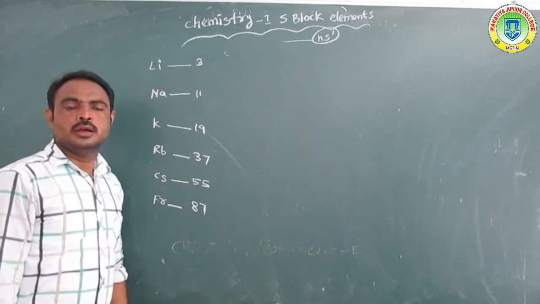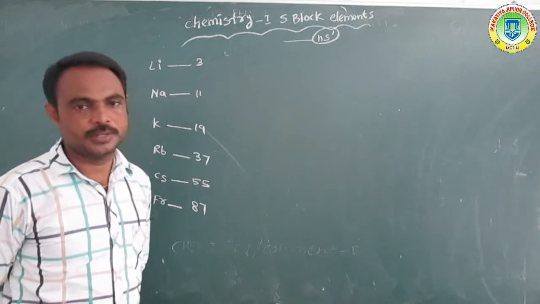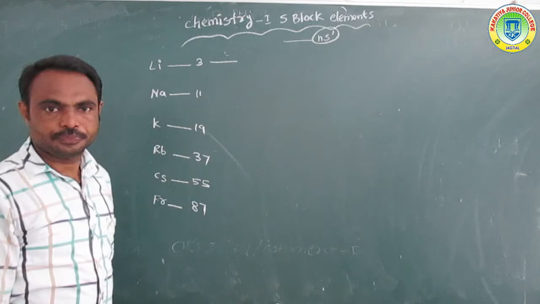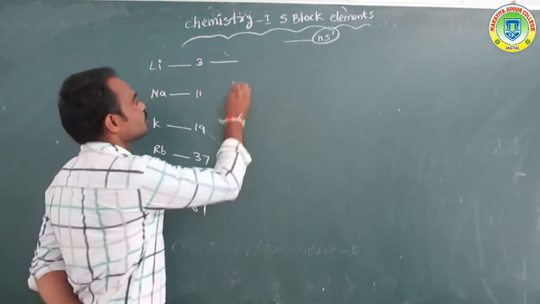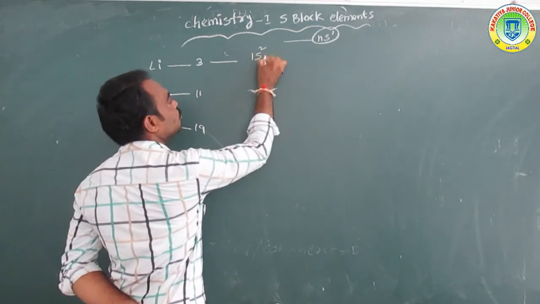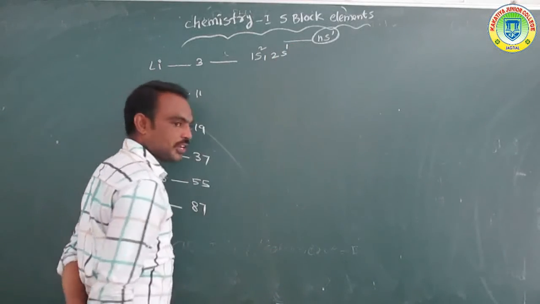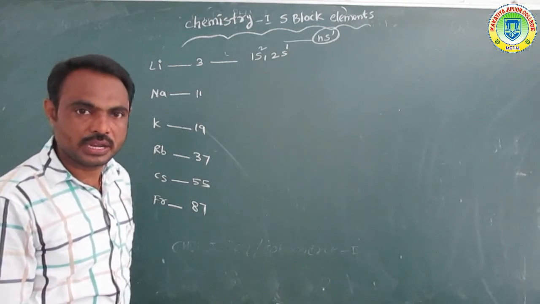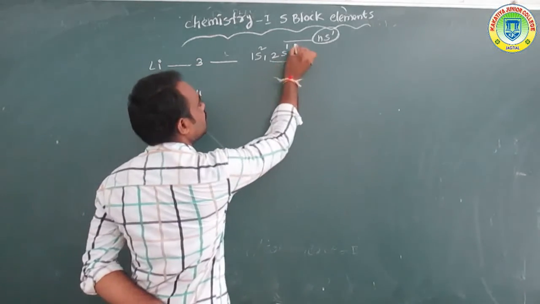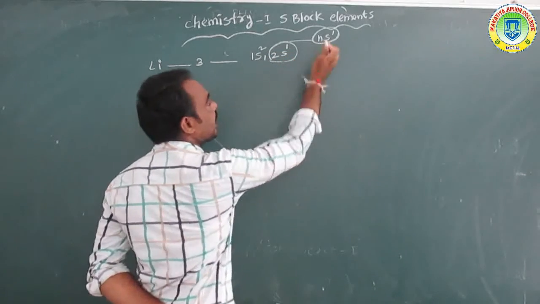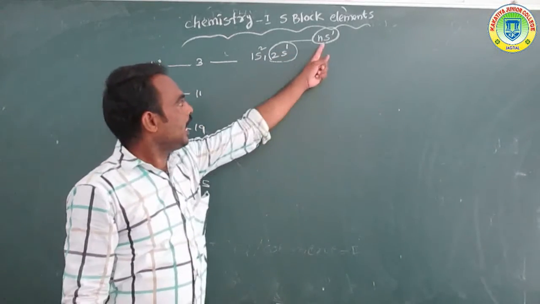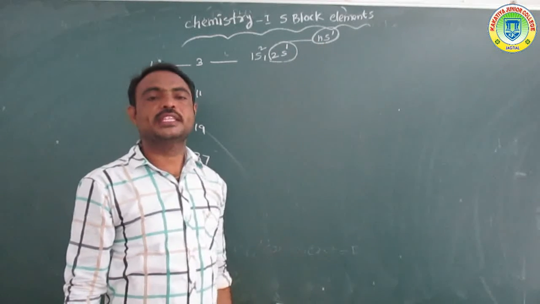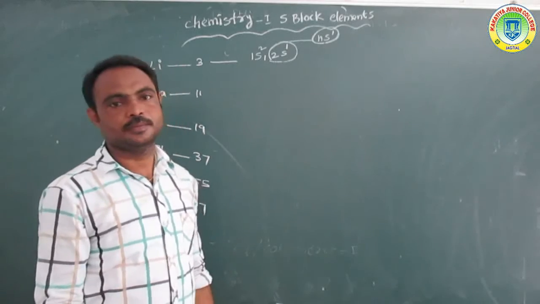Now we write the electronic configuration. First of all, lithium: 1s2 2s1. It ends with 2s1, just like ns1, where n is equal to 2.